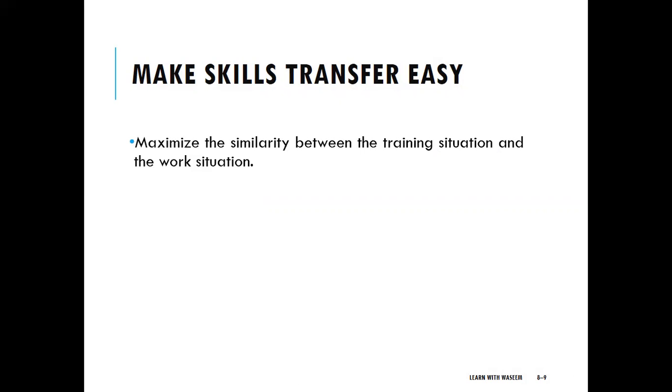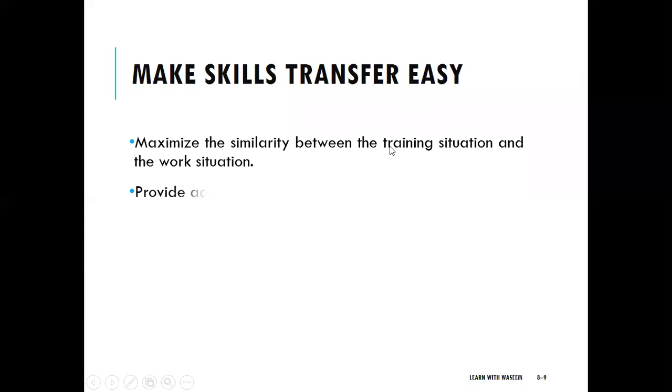What we need to do is to maximize the similarity or minimize the differences between the training situation and the work situation, because it will help the trainees to keep in mind their working situation, and they will practice the training content. So this thing is very important. I mean that the training situation should not be different than the work situation.